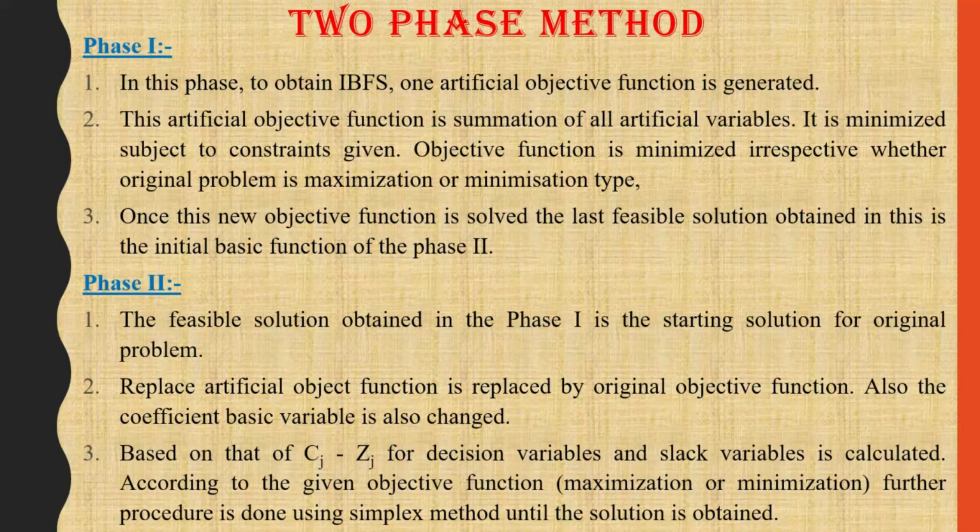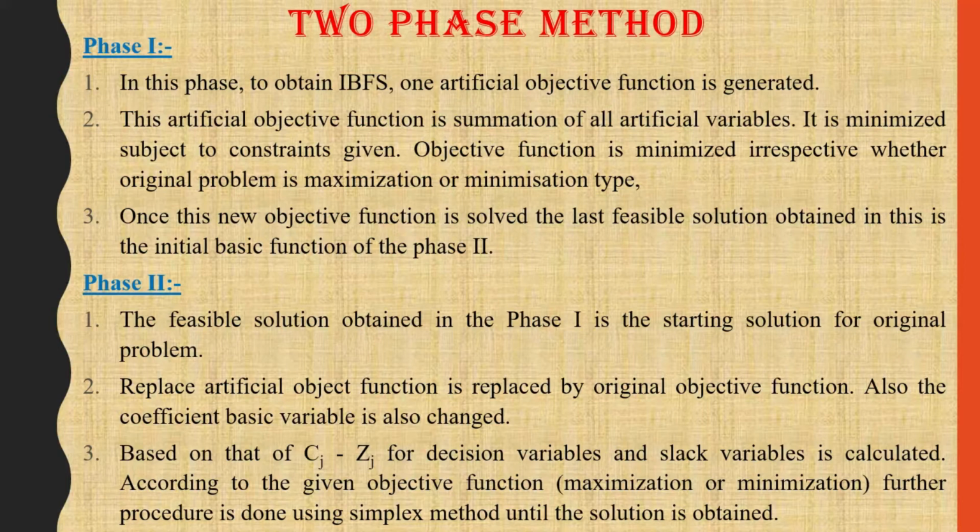And the last point, Cj minus Zj for the decision variables and slack variables is calculated according to the given objective function, whether the problem is maximization or minimization. Further procedure is done using the simplex method until the solution is obtained.